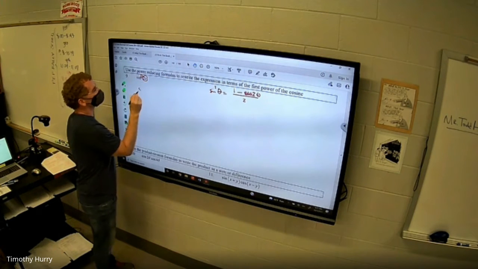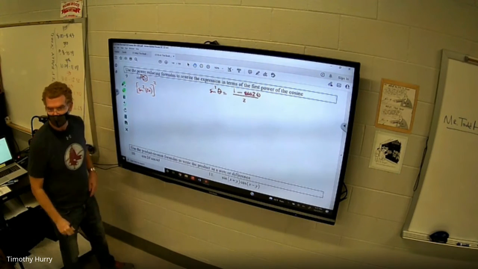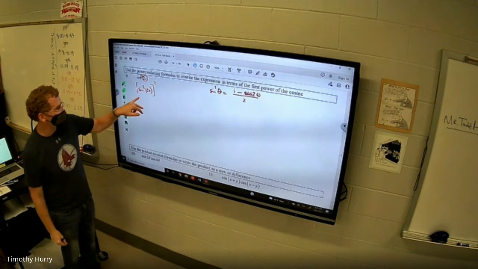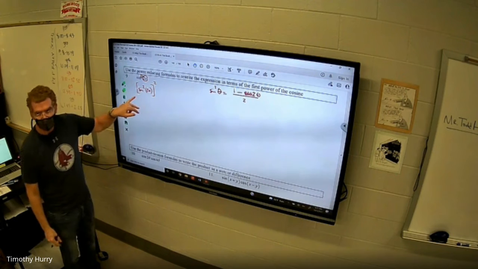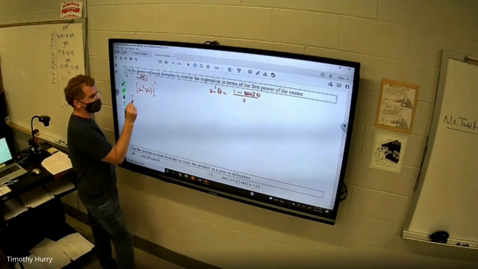So I'm going to start with sine squared of 2x, quantity squared. That's sine to the 4th. And now I'm going to do the power reducing for the inside part. Now, what's the inside part telling me? Okay, here's the inside. 1 minus cosine of 2 theta, over 2.